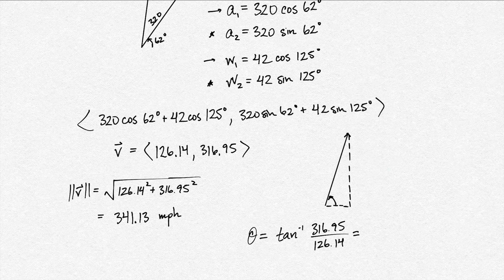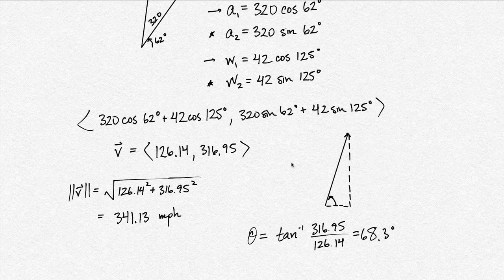So 68.3 degrees. Now, this is the acute angle that my vector makes with the x-axis. Because both my horizontal and vertical components of the vector are positive, I know that my vector is in the first quadrant, and so this is the correct angle.